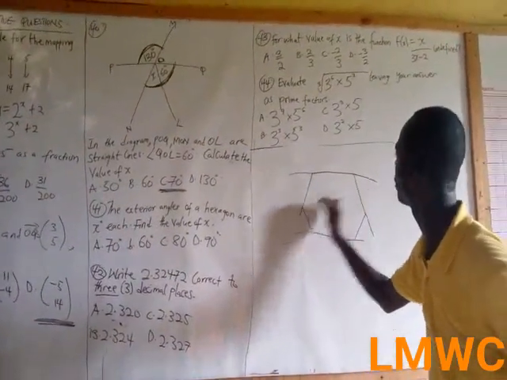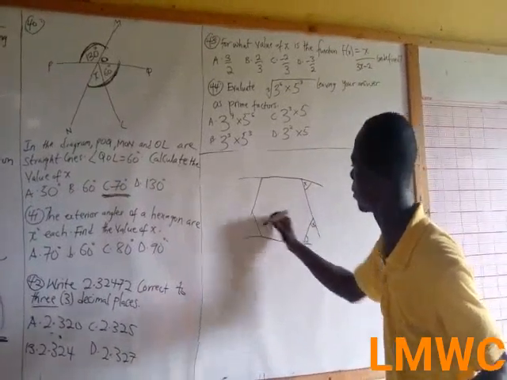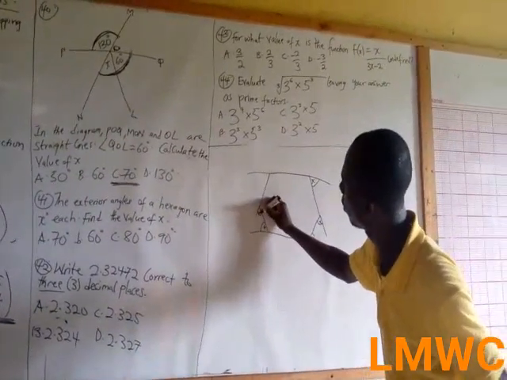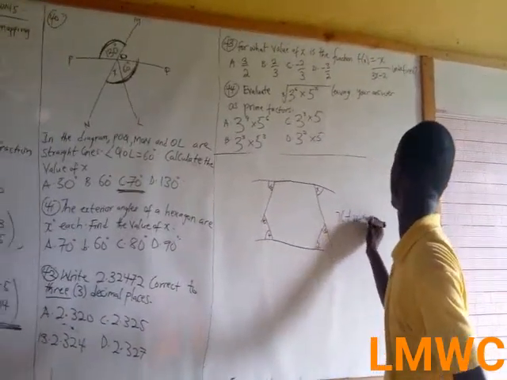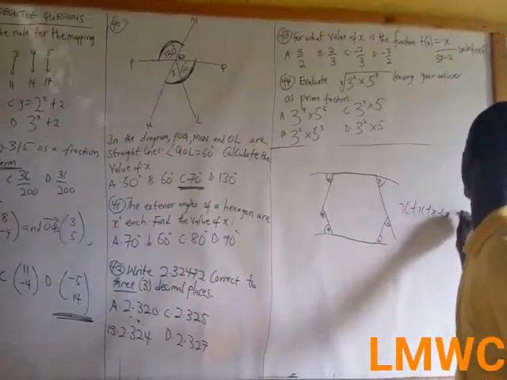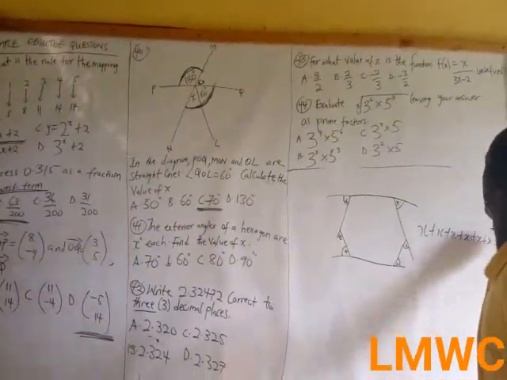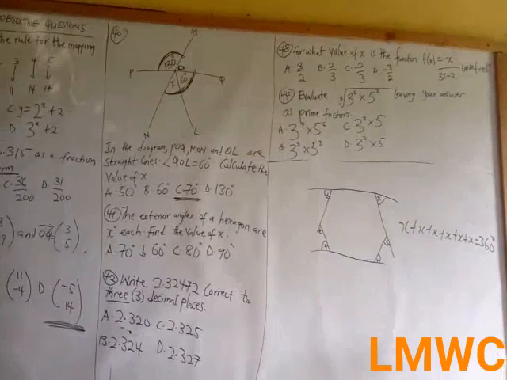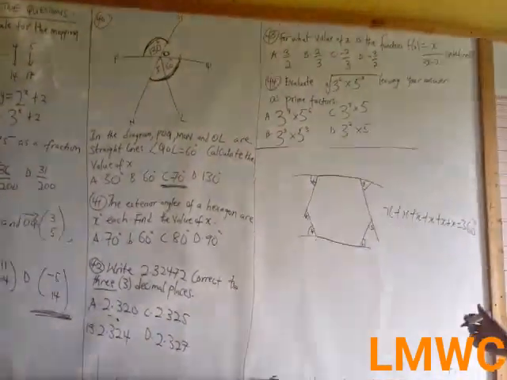So this means each exterior angle is x, x, x, x, x, and here is x. So it becomes x plus x plus x plus x plus x plus x equal to 360 degrees. So the exterior angles sum up to 360 degrees. And we know the coefficient of any variable is 1.